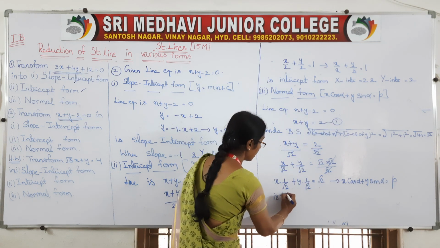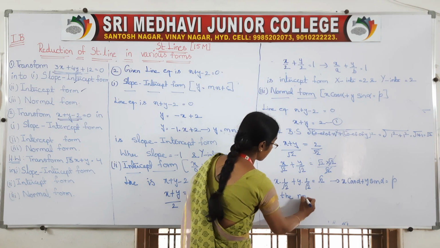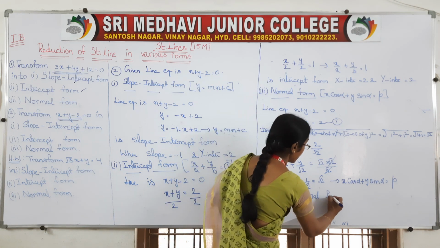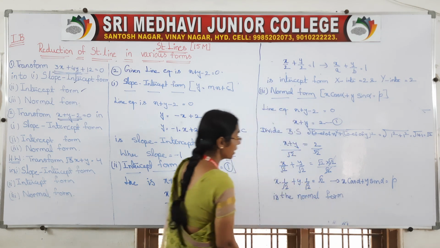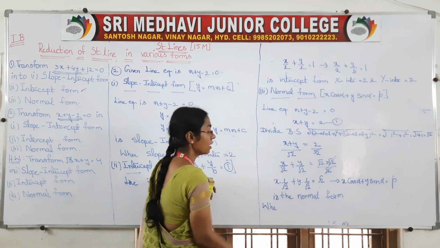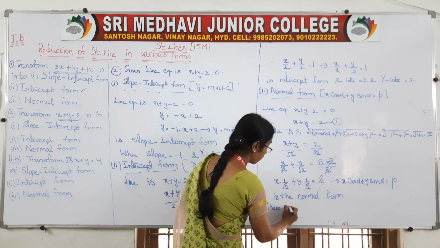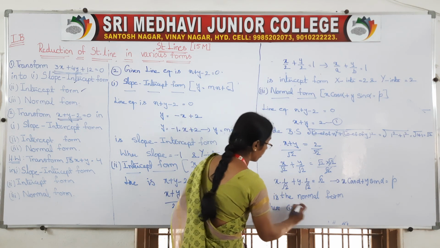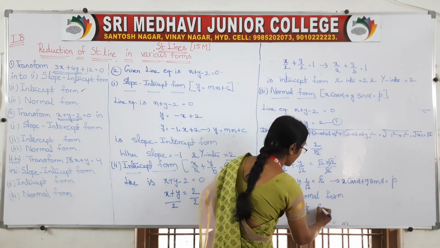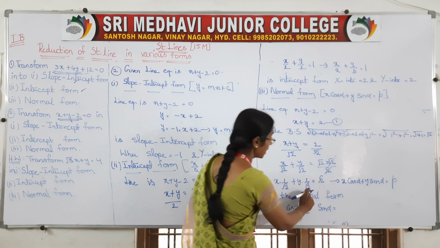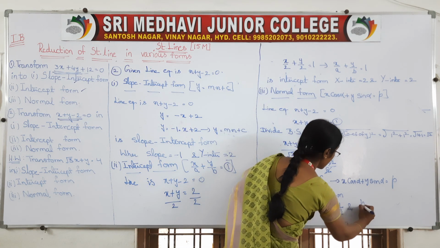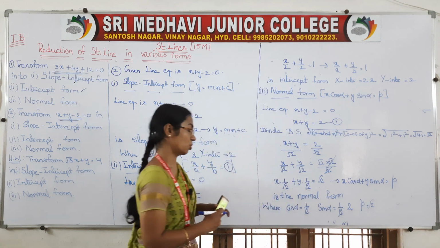This is the normal form. So we got slope intercept form, now normal form, where x cos alpha is x into 1 by root 2, y sin alpha is y into 1 by root 2, and p is equal to root 2.